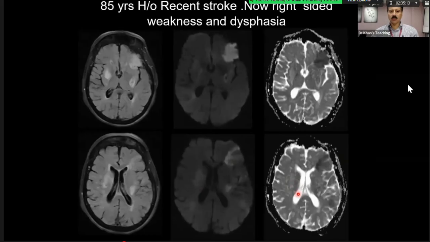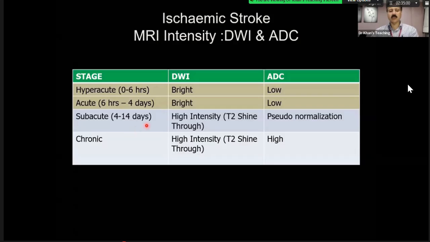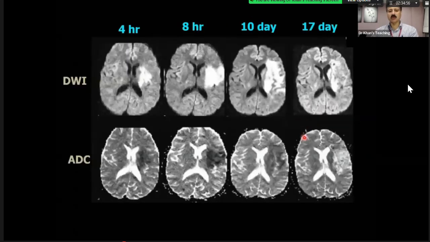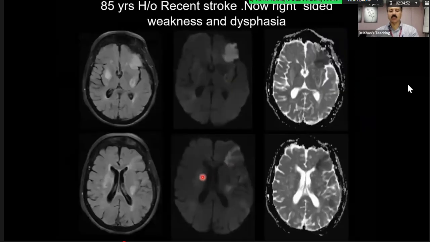Shine through. And on the other hand, the acute infarction had low ADC. So this is that concept of subacute. So I go back, subacute, high signal, T2 shine through, pseudo normalization or shine through. So this is going into the territory of subacute to chronic.